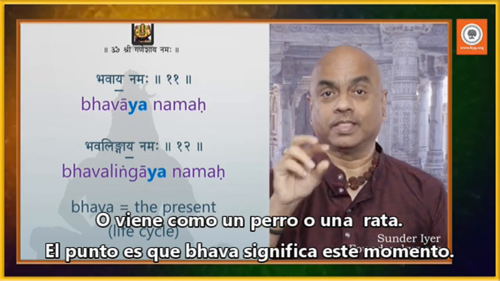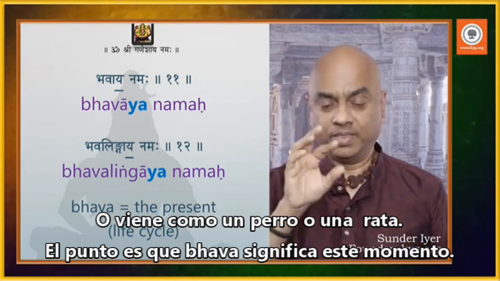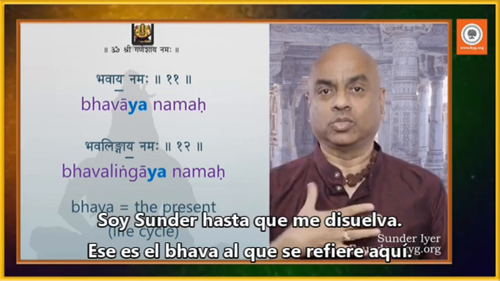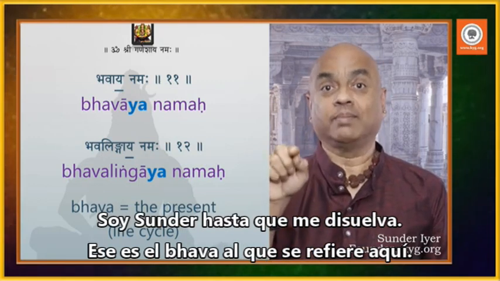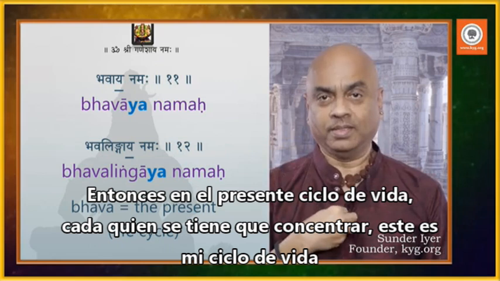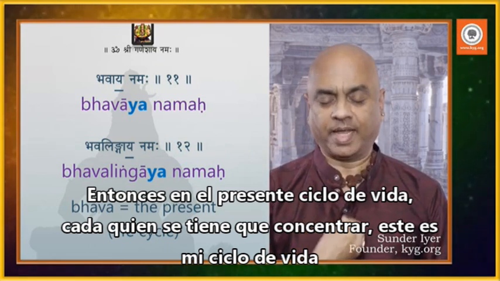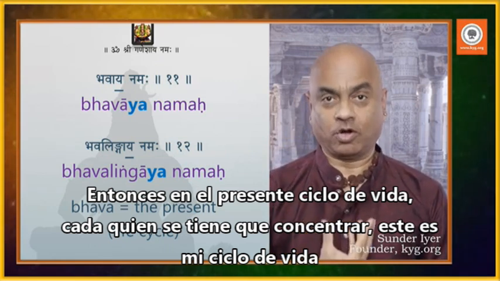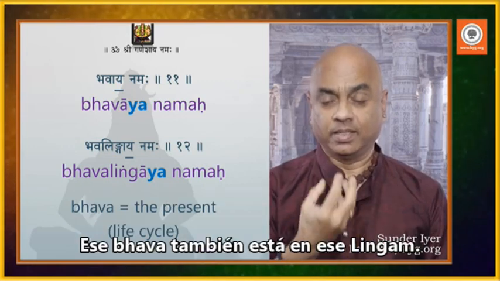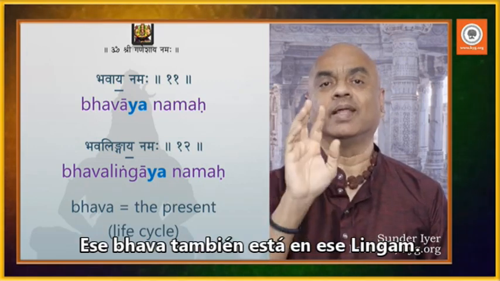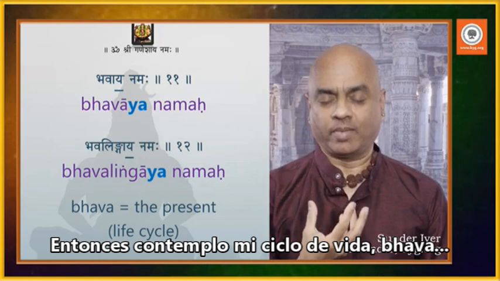So the point here is Bhava. Bhava means at this moment where I am, this Sundar has to dissolve, right? So that Bhava comes here. So Sundar, in other words, this present life cycle, each of us has to contemplate. This is my life cycle. This Bhava is also in the linga. So I contemplate on my life cycle, Bhava.